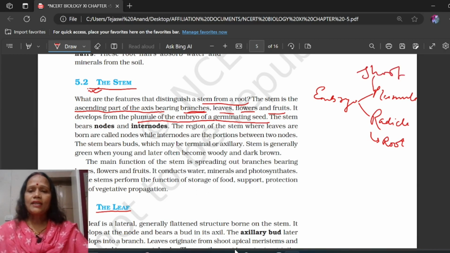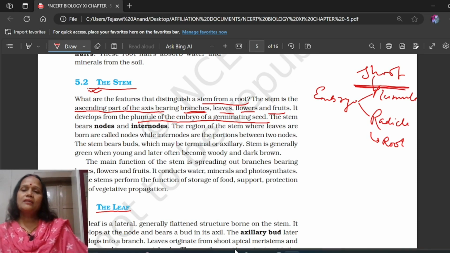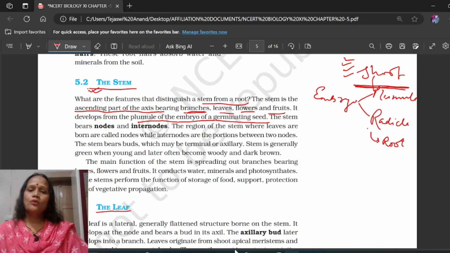So here we can understand that the stem of the plant is the ascending part of the axis, and that bears the leaves, fruits, flowers, branches; all are borne on this shoot portion. But the root goes under the ground and forms the taproot, secondary root, tertiary root.